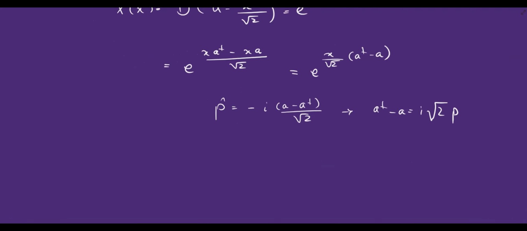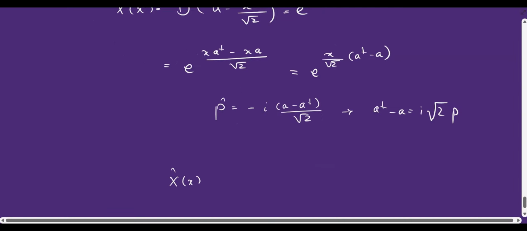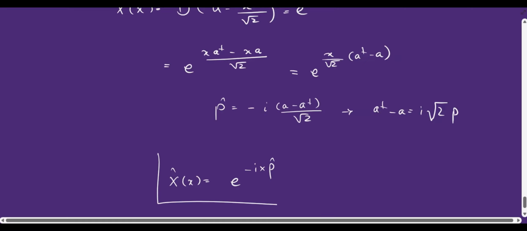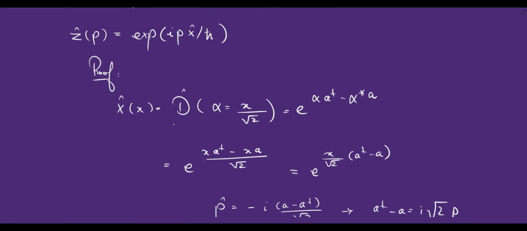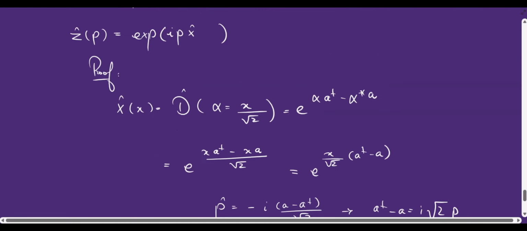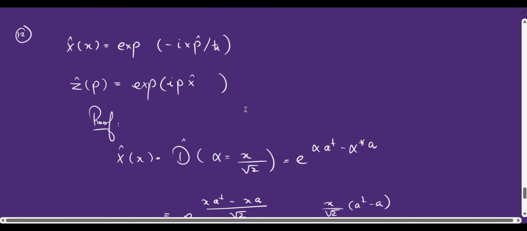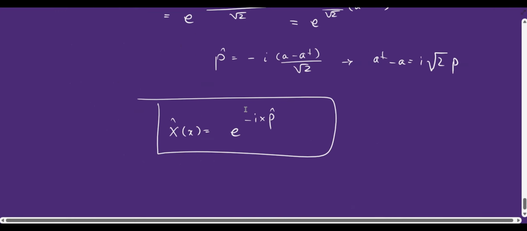So I just substitute it and I get this X-cap of x in the exponential form as this. I'm ignoring h bar here, so I can just ignore h bar. So this is what it is. And you can do that similarly for P-cap of p.